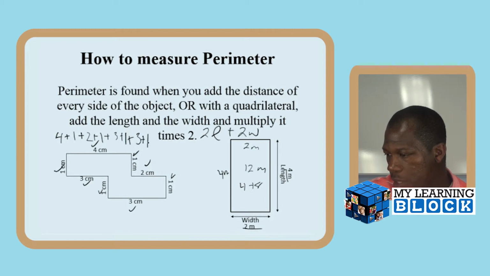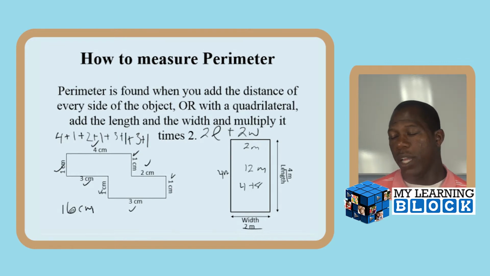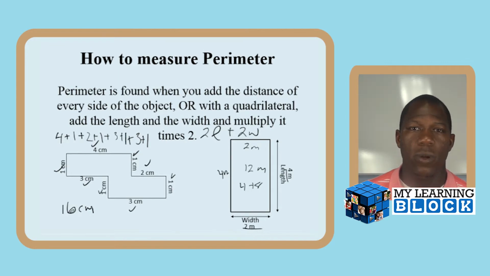And the answer is 1, 3, 4, 8, plus 3 is 11, 12, 16 centimeters. Check me. I'm not sure if that's right, but that's simply how they're going to do it.